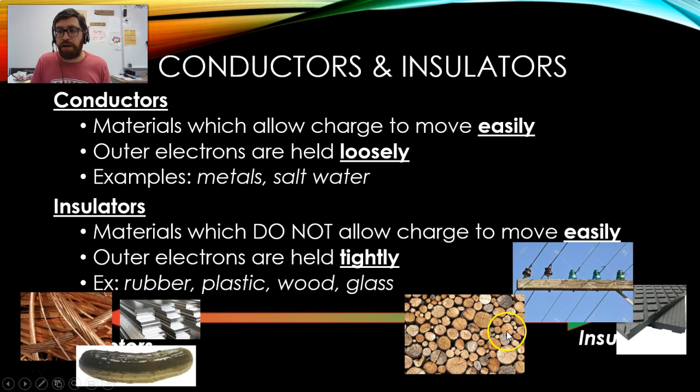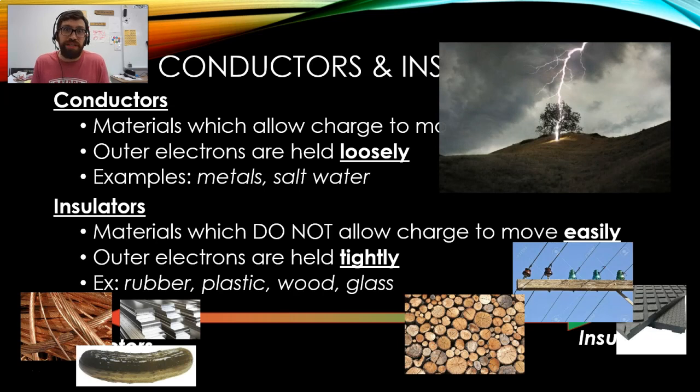For instance, we talk about wood. We listed wood as an insulator, but I think you probably all have seen that trees get struck by lightning before. Wood itself can serve as a pathway for electricity. Now, it's mostly the water in this tree that's helping it to conduct that electricity.